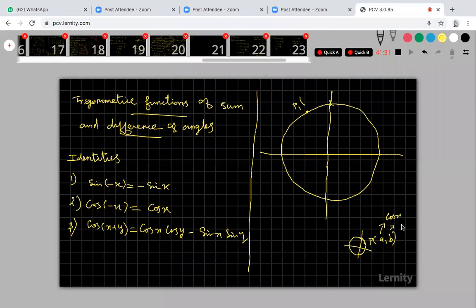This we have already proved in the first section of this chapter. So your cos x is equal to A, your sin x is equal to B.